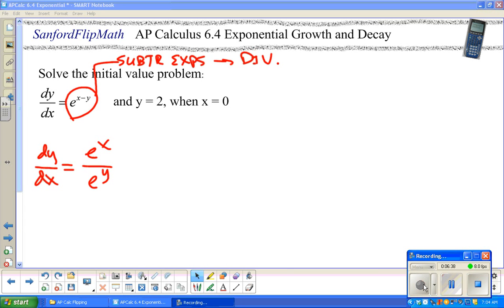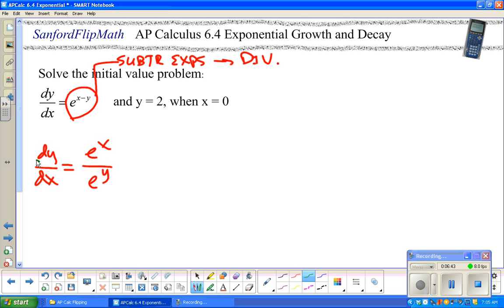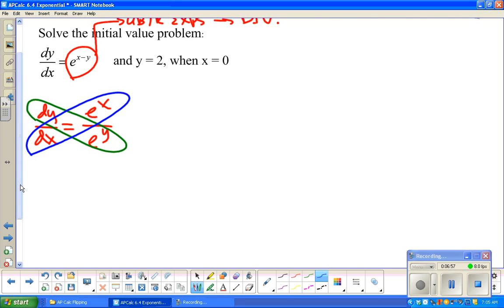Well, from here, it's going to track out kind of like what we did a minute ago initially. Remember, I want all the y's on one side, across the equal sign, and all the x's on the other. So I'm going to go ahead and cross multiply. I'm going to have e to the y dy equals e to the x dx. I have separated the variables.